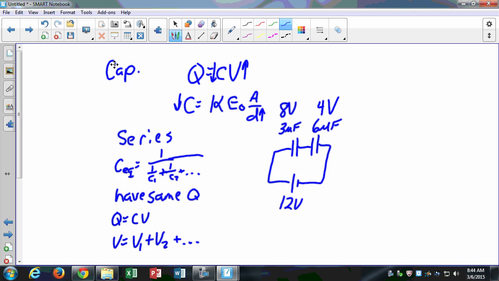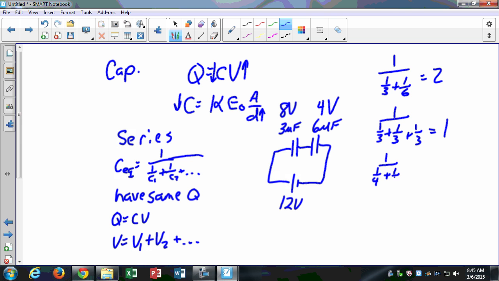All right. Let me go ahead and give you those fractions. 1 over (1/3 plus 1/6) is equal to 2. 1 over (1/3 plus 1/3 plus 1/3) is equal to 1. 1 over (1/4 plus 1/4) is equal to 2. 1 over (1/2 plus 1/2) is equal to 1.